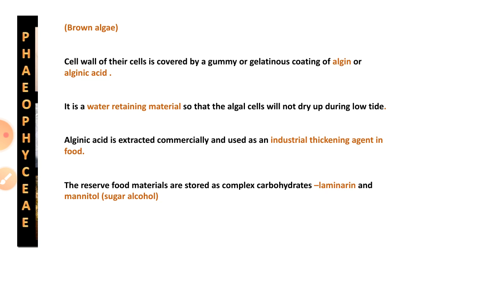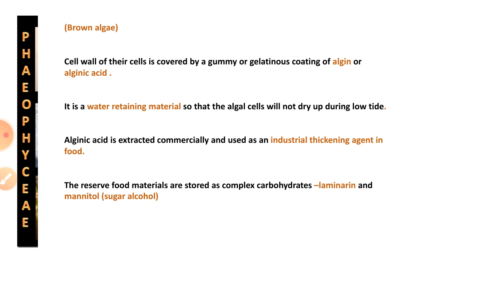A speciality of these algae is that the cellulosic wall of their vegetative cells is covered by a gummy or gelatinous coating of algin or alginic acid, often found in the form of calcium alginate. It is a water-holding material.